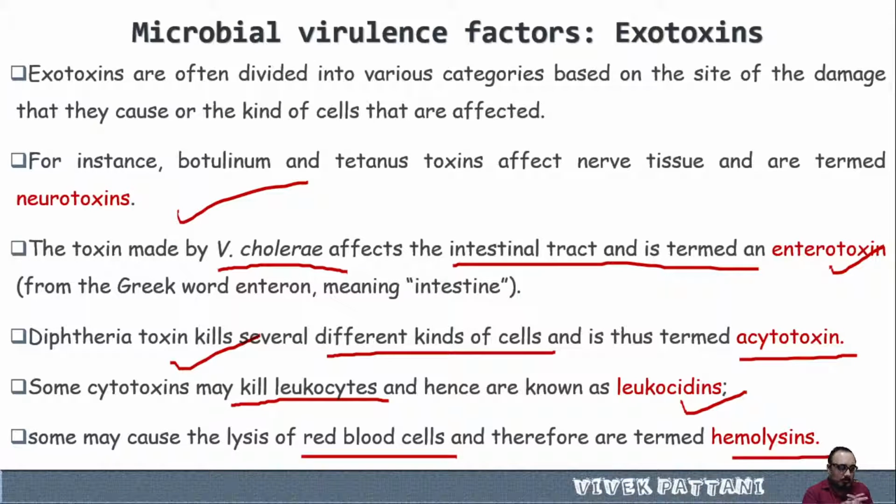For example, the exotoxins which affect the nervous system are called neurotoxins. Toxins which affect the intestinal tract are termed enterotoxins. Toxins which kill different types of cells are termed cytotoxins, and if the cells are leukocytes, then these toxins are known as leukocidins.